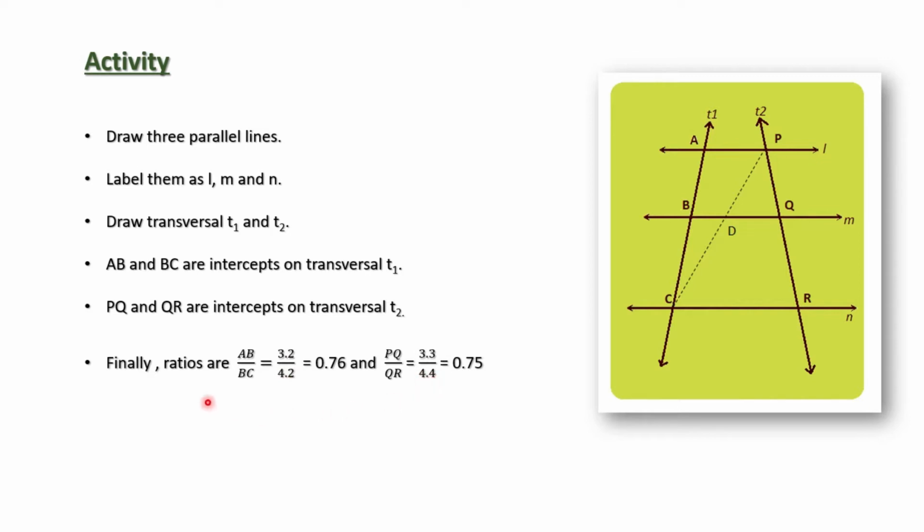Okay, so in this way we will have one conclusion. What is that conclusion? We will find these ratios are almost equal. That is, AB upon BC is equal to PQ upon QR.